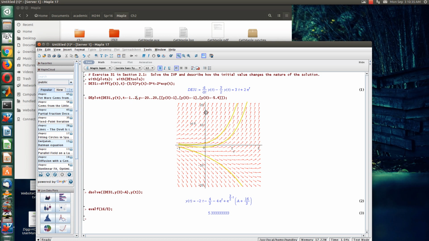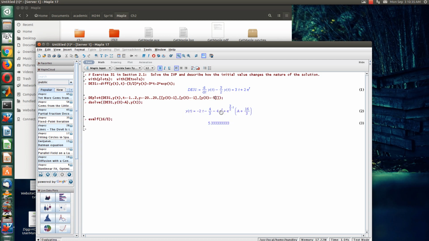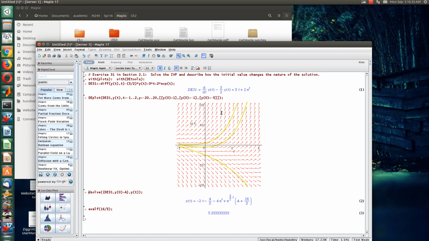Let's go ahead and make it minus 6, just to make sure that it goes here. Oops. How about minus 5? Minus 4. There, it starts to bend.